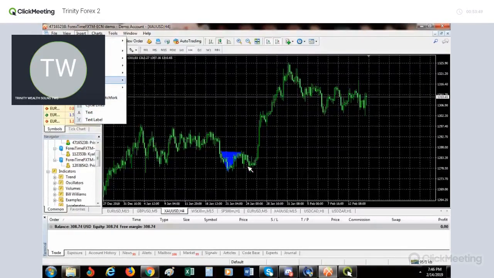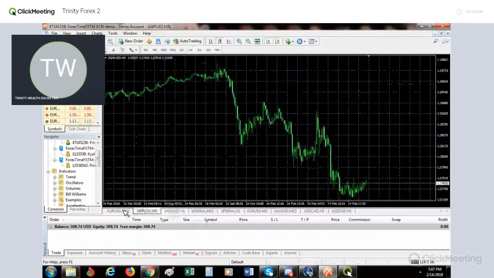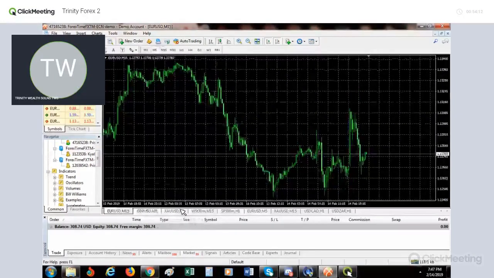Then we have this one, which is slightly, okay, almost equal. Let me see if I can get a clearer one. Maybe this one here, although this market is not clear. Just see if I can get another clearer one.